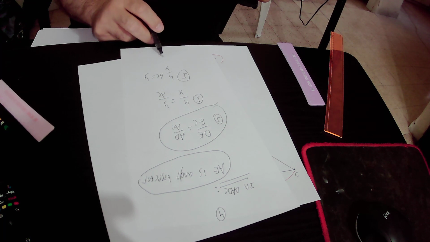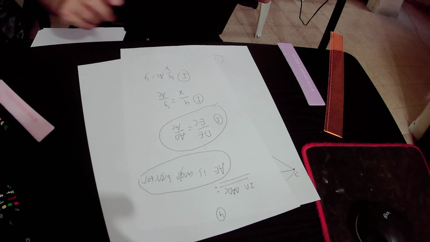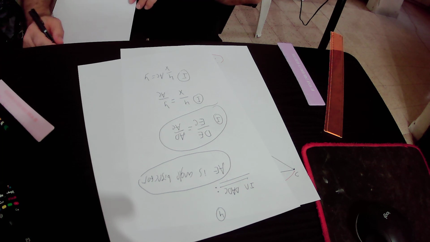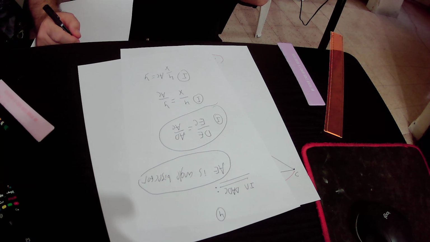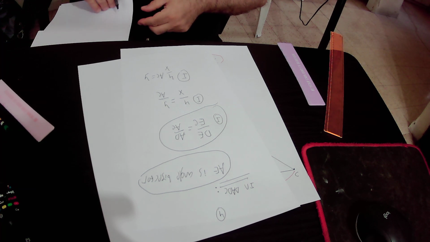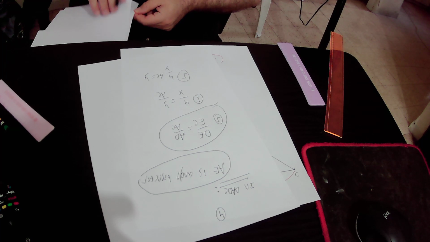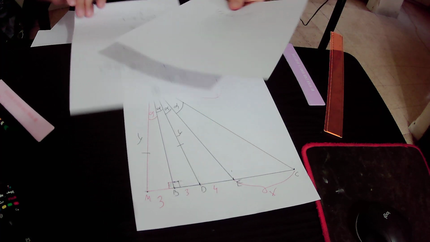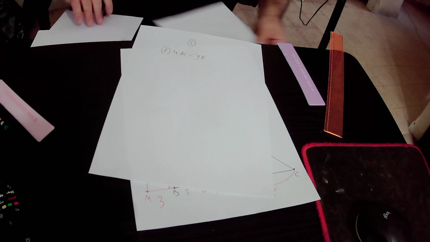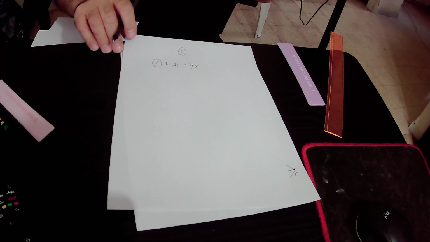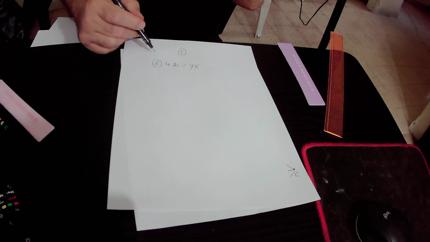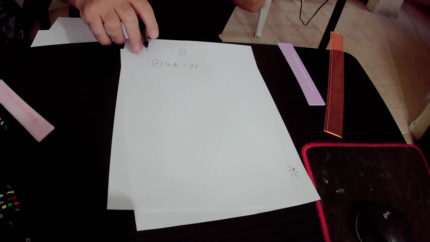We will multiply equation number 1 by X, and we will get that 4 times AC equals Y times X. Here we will divide equation number 1 by 4 in order to get the value of AC.